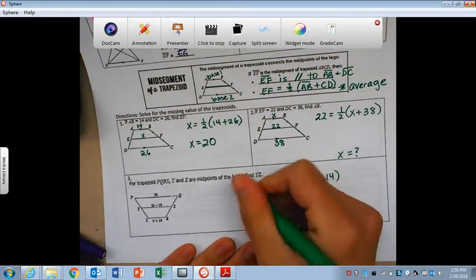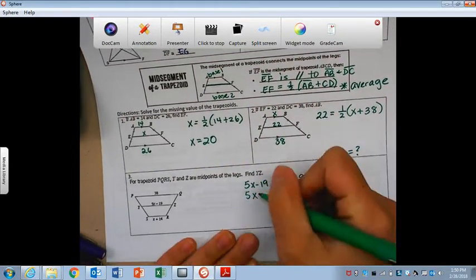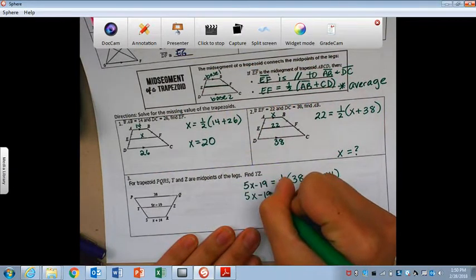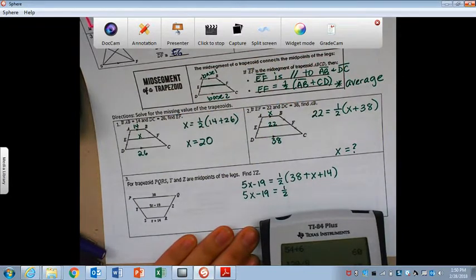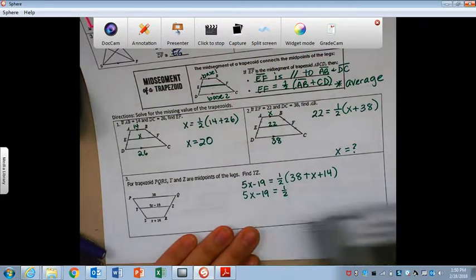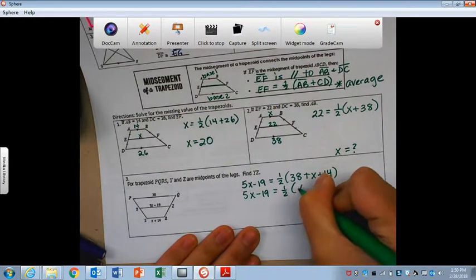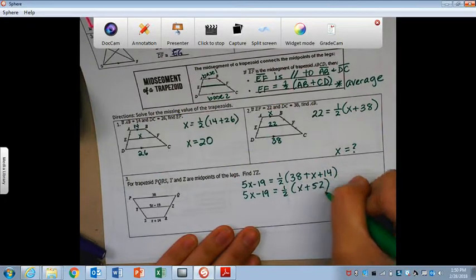So now 5x minus 19, let's clean this up. 38 plus 14, that gives me 52. So you've got x plus 52, okay?